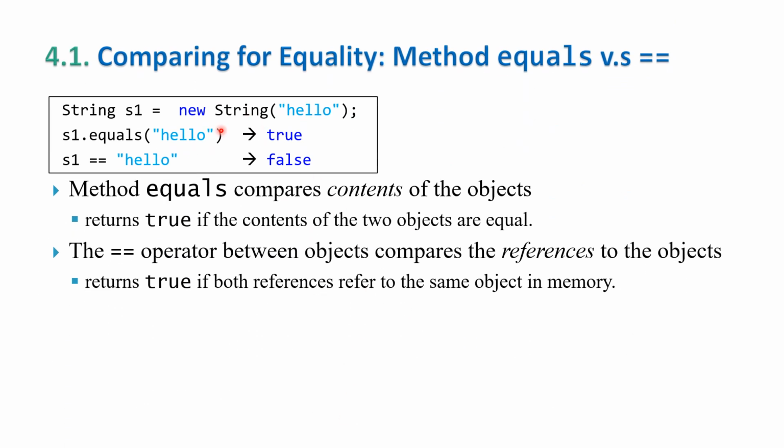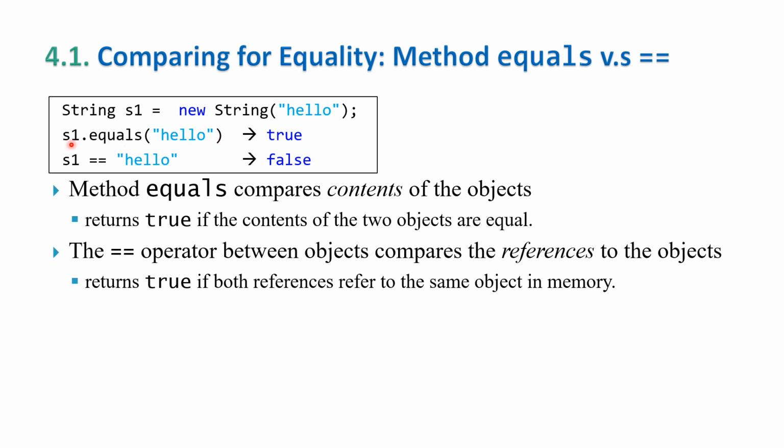As shown in the StringCompare.java program, the string method equals and the equality operator == do not yield the same result when comparing objects for equality. Method equals compares the content of the objects and returns true if the contents of the two objects are equal.